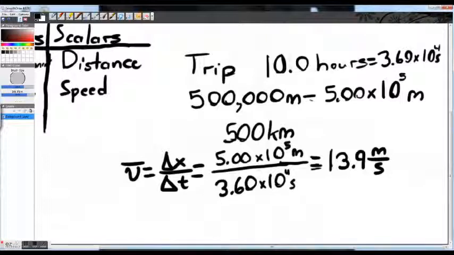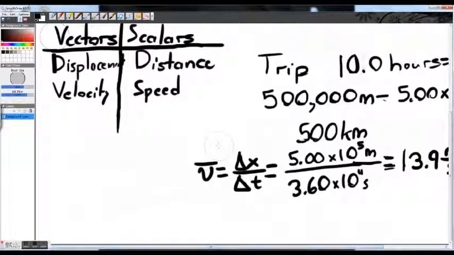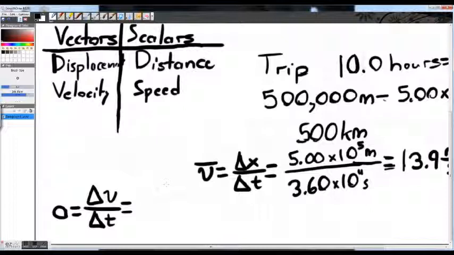is called acceleration. It's going to be our next term. Acceleration is going to be change in velocity over a change in time. Now this answer is accurate as long as the person did not accelerate, which is like impossible.